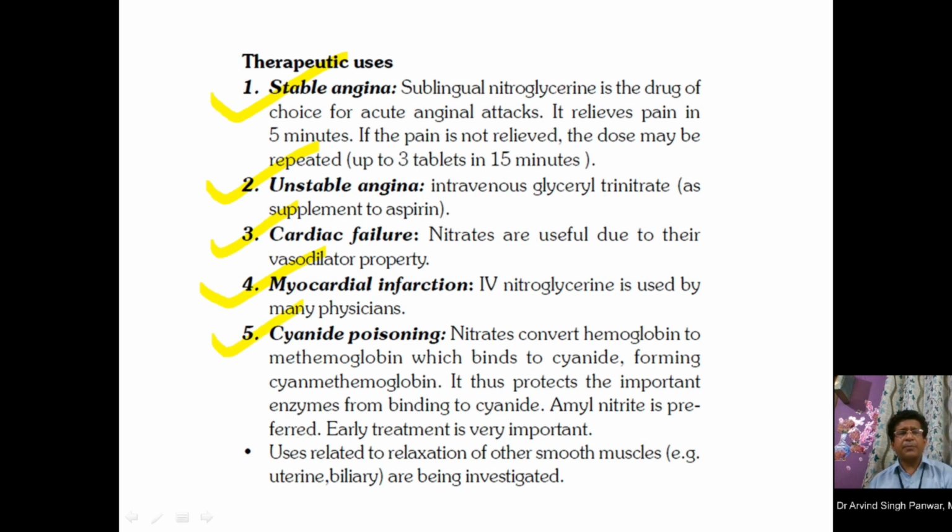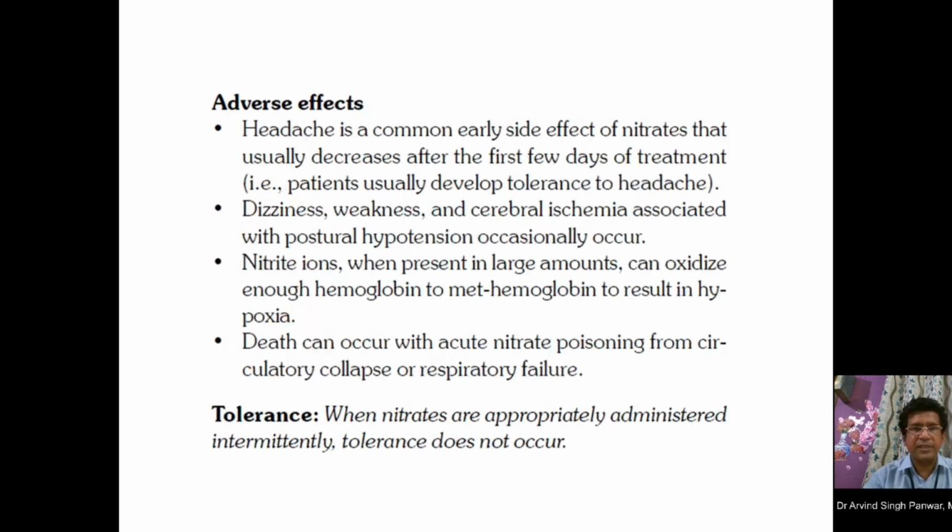And in cyanide poisoning, nitrates convert hemoglobin to methemoglobin, which binds to cyanide, forming cyanmethemoglobin. It thus protects the important enzyme from binding to cyanide. Amyl nitrite is preferred. Early treatment is very important. Uses related to relaxation of other smooth muscles, for example, uterine and biliary. These are two important uses which are being investigated.